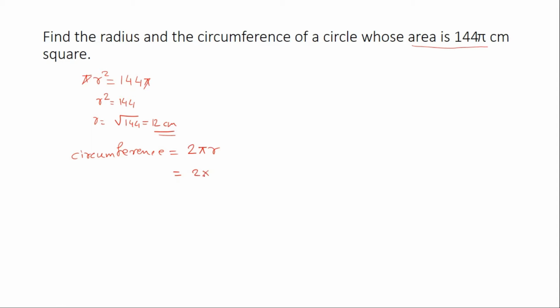So we will write 2 into pi into r, or 2 into 22 by 7 into 12, or we can write the answer of this question will be 2 into 12 into pi, that is 24 pi.